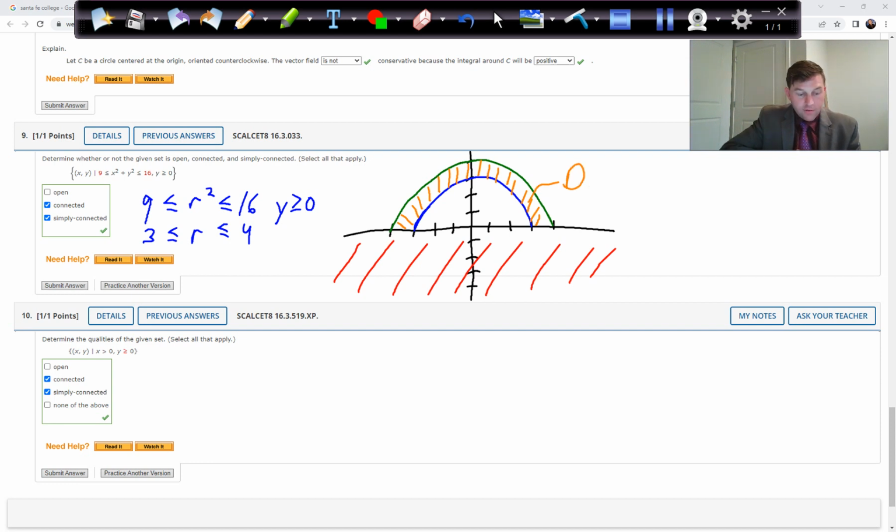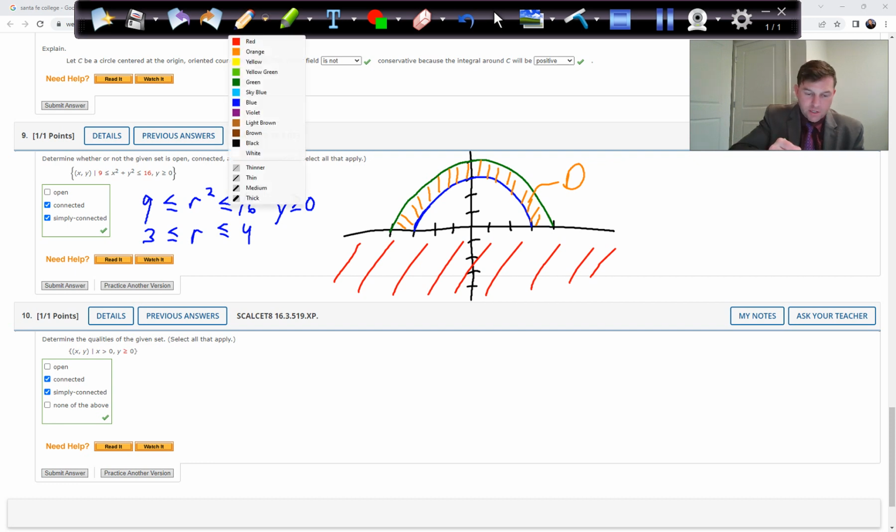Okay, now what kind of curve is this? Well, this is connected. Connected means any line segment that is in D has to be entirely in D. So any point in here is connected to any other point with a simple curve.